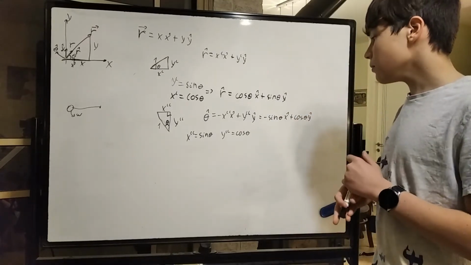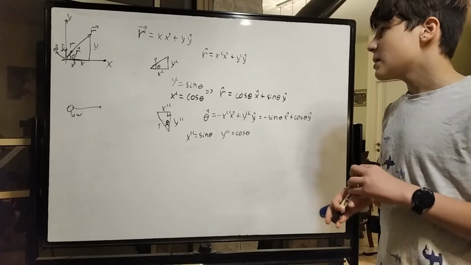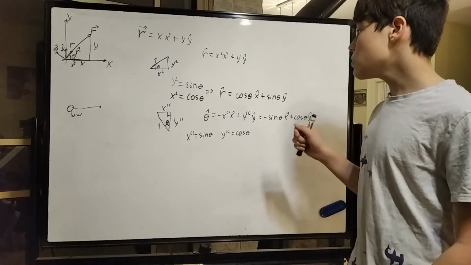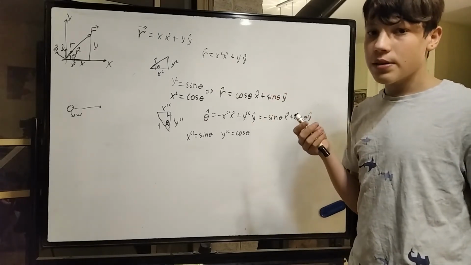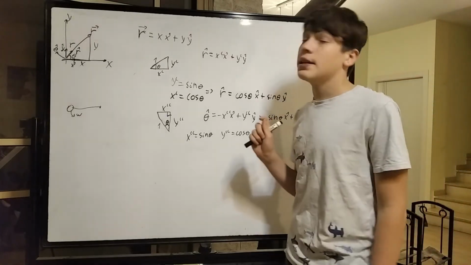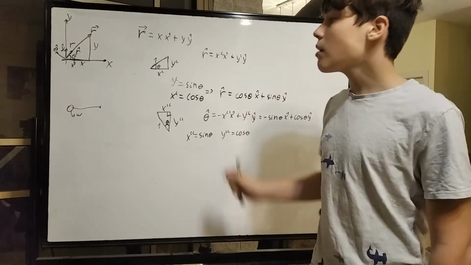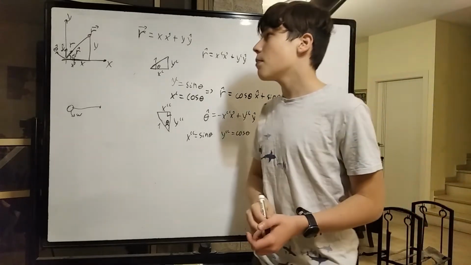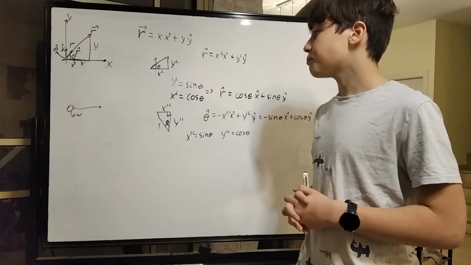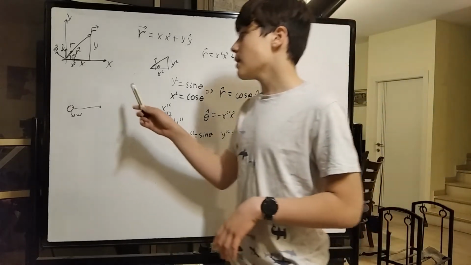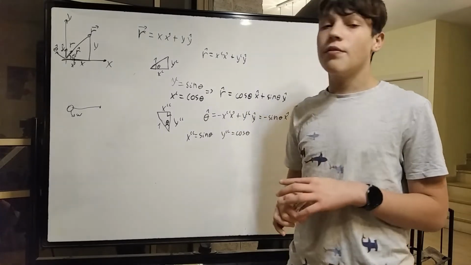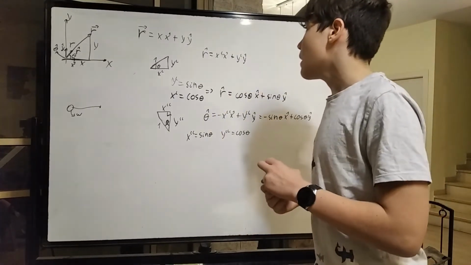Now let's understand how we write our vector r using one of these or both of these. So notice we actually only need to use r hat to describe our vector r, because theta hat points in the perpendicular direction of our vector r.